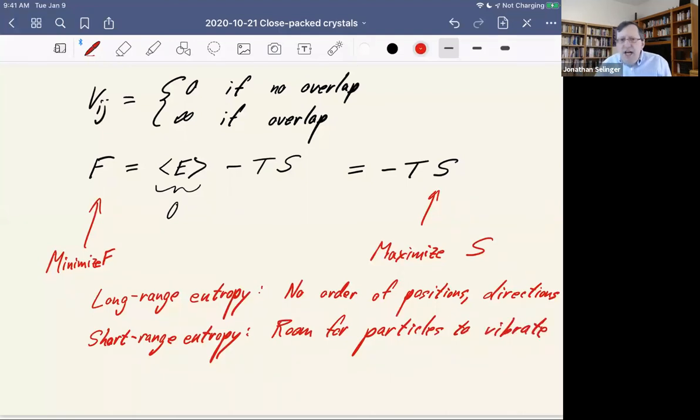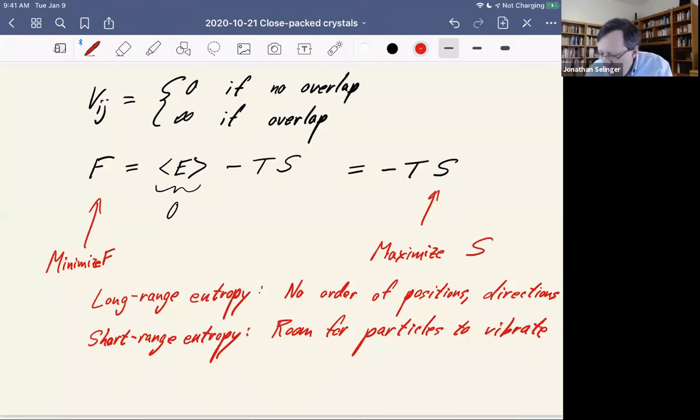That is, there's entropy associated with the particles being able to just move back and forth a little bit so that they have a little range of positions, which we would hardly notice from a macroscopic scale, but still it's important to them, right? They want to have a little bit of elbow room where they're not just pushing right up against their neighbors.